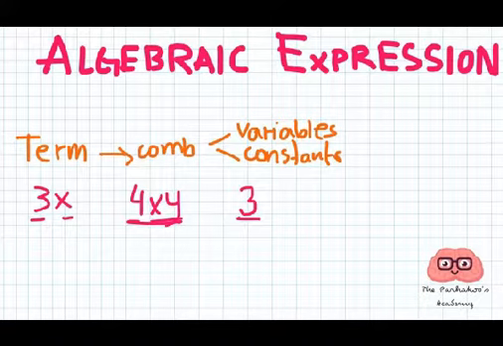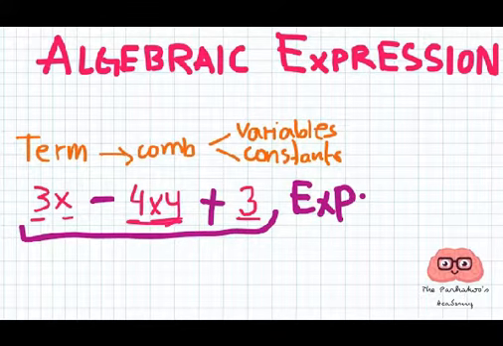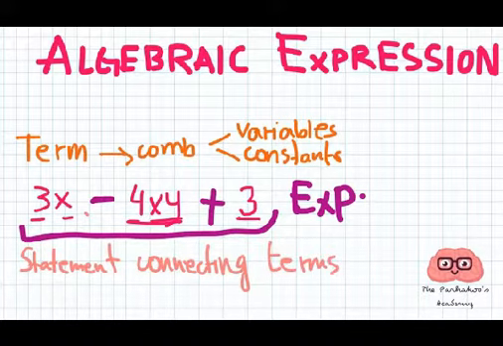But when these are combined with different kinds of operators in between them, for example minus or plus, then the whole thing becomes an expression. So an expression can be defined as a statement connecting terms with different kinds of operators.